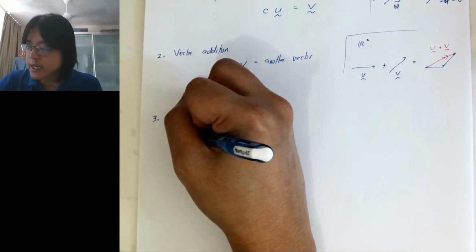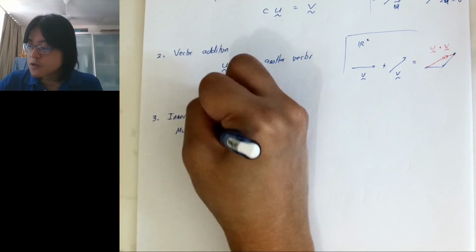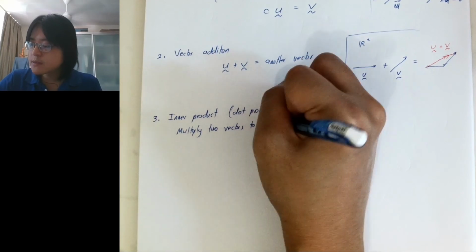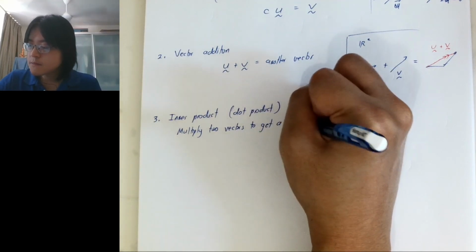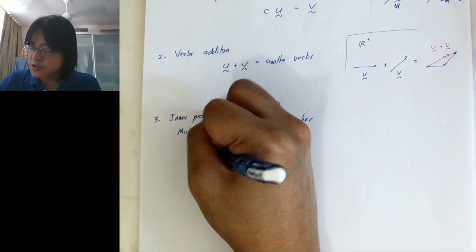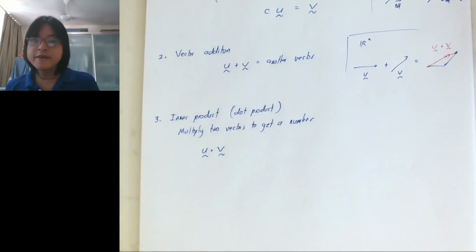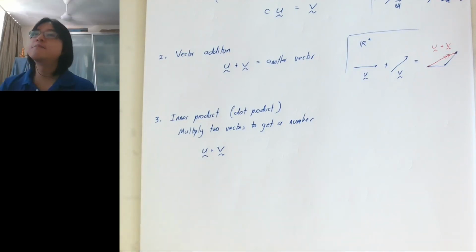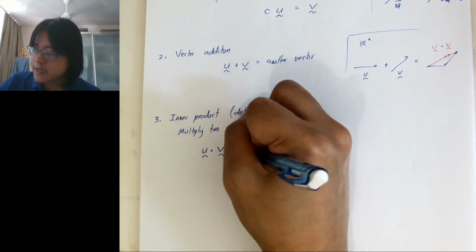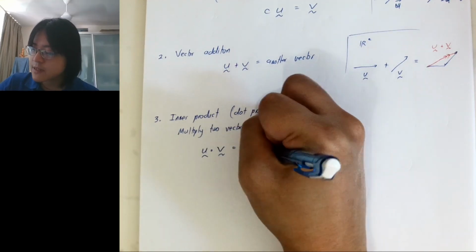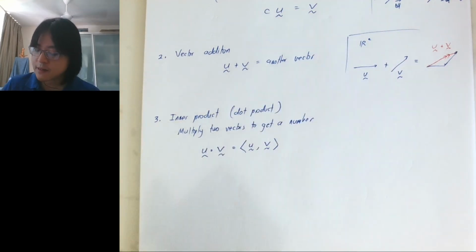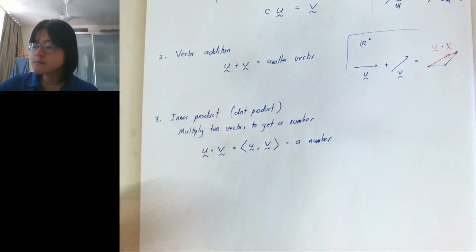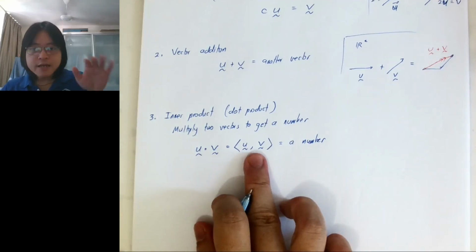So there's a way to multiply two vectors to get a number. Let's say I take one vector u, I can multiply it with another vector v. This is the notation that we use when we do Newtonian mechanics, but it will be more convenient in our course to use this type of symbol. So I take this vector and this vector, multiply, and I get a number.